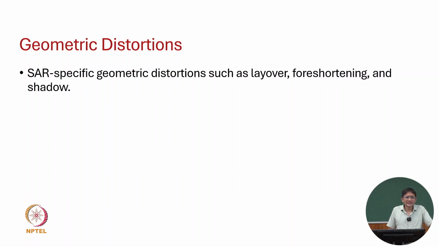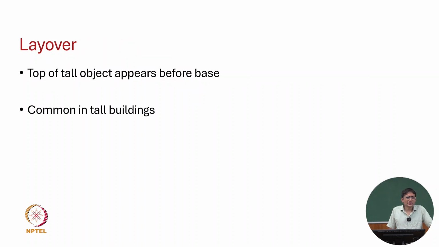However, we have to understand that this often impacts how we design our architectures, and we'll see some use cases, especially when we discuss the urban applications. Talking very briefly about layover, what happens is that the top of a tall object appears before the base, and this is common in tall buildings.